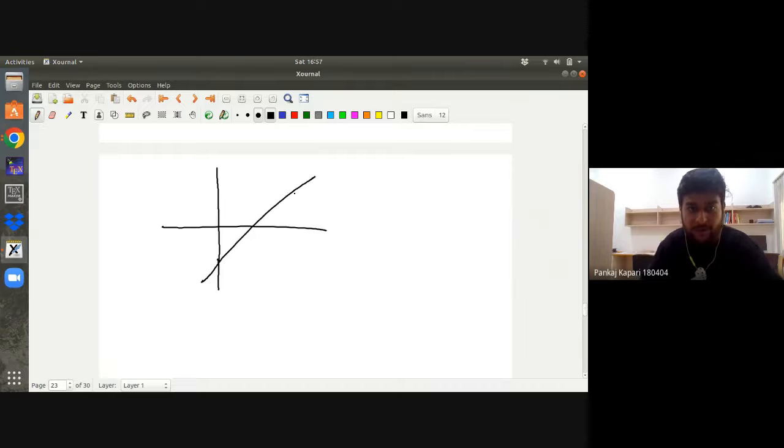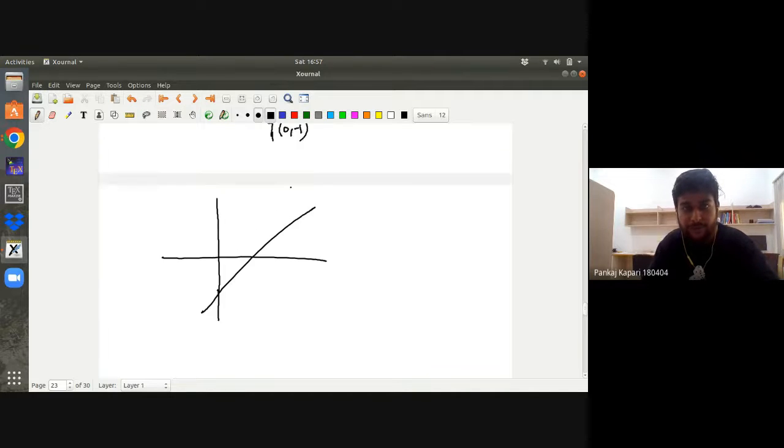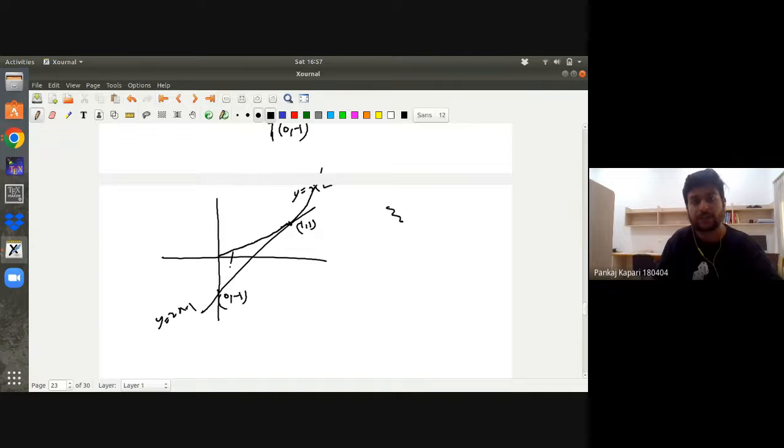We have some line, and then we have the graph y equal to x square, like this. Let's assume that this is our 1 comma 1 point, and this is our 0 comma minus 1 point, and this is y equal to x square, this is y equal to 2x minus 1, and this is our area of integration.